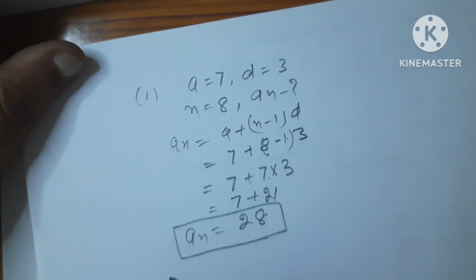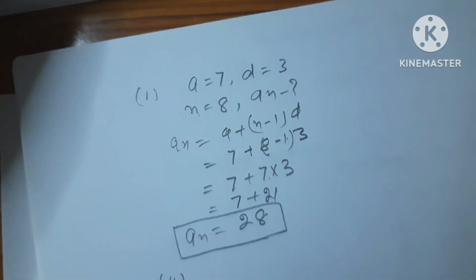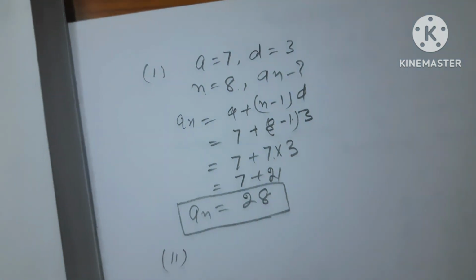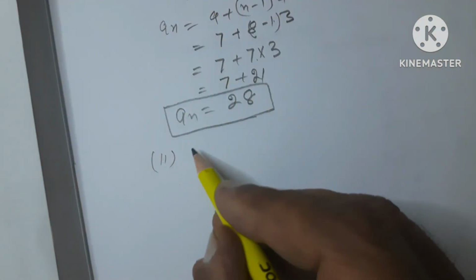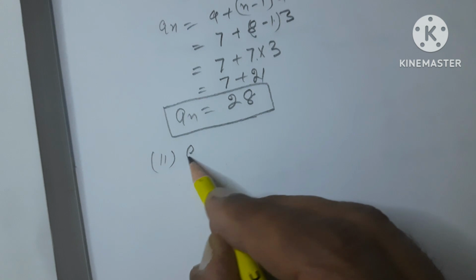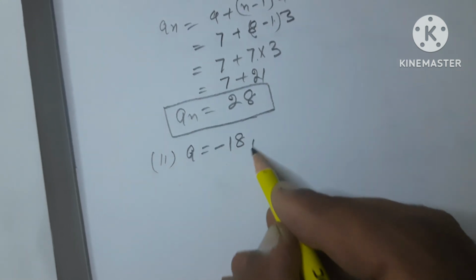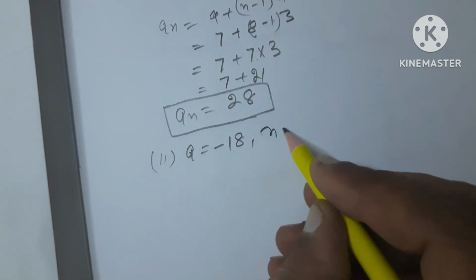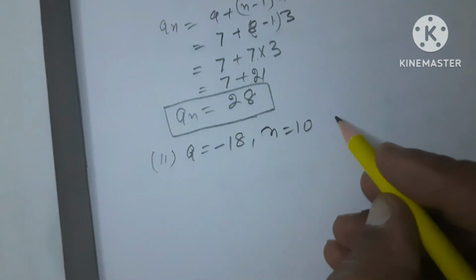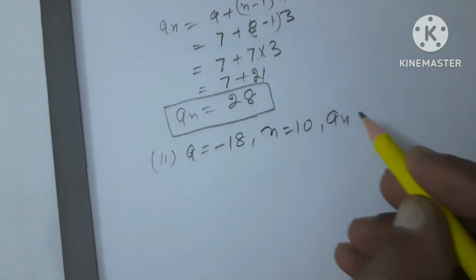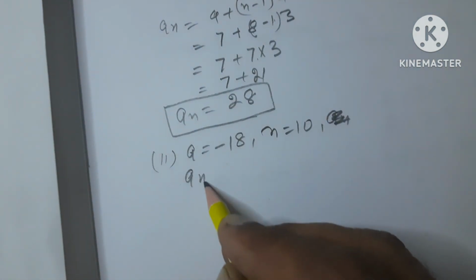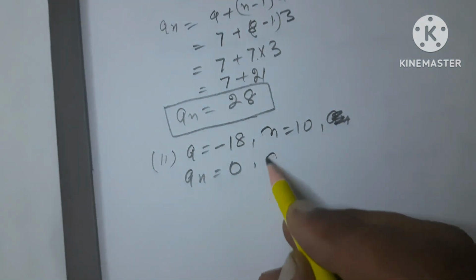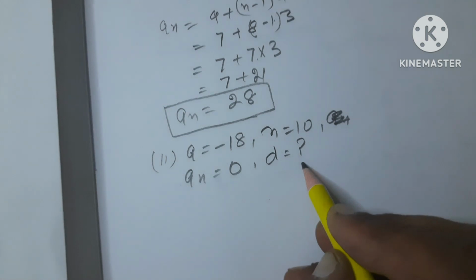Now let us go to the second part. Second part is a is equal to minus 18 and n is equal to 10 and an is equal to 0 and d we want to find out.